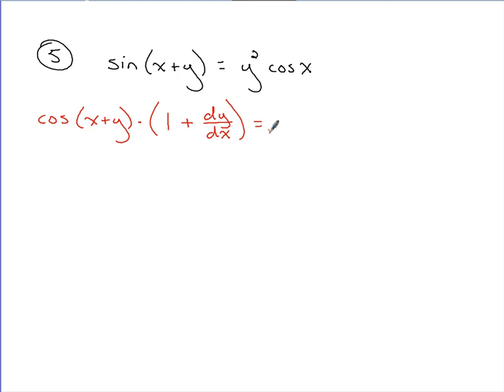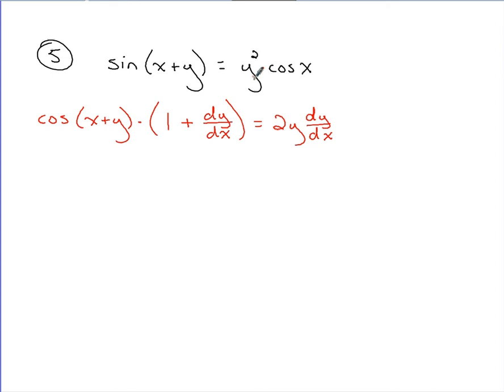on the other side, we have y squared times the cosine of x, so that's a product rule. Start by taking the derivative of the y squared, which is 2y. We took the derivative of a y, so I need that dy/dx label. So far, that's the derivative of this first piece.